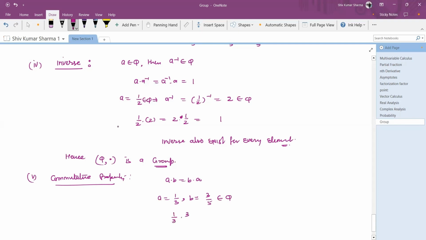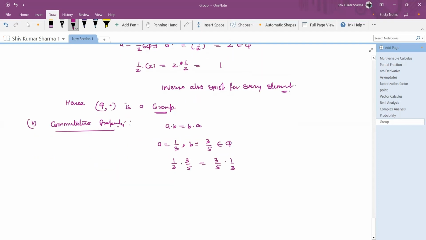So 1 by 3 into 3 by 5 is always equal to 3 by 5 into 1 by 3. This gives us 1 by 5, 1 by 5 is equal to 1 by 5. Satisfied. You can take any two elements from the set of rational numbers, put them into the property, and it is always satisfied.